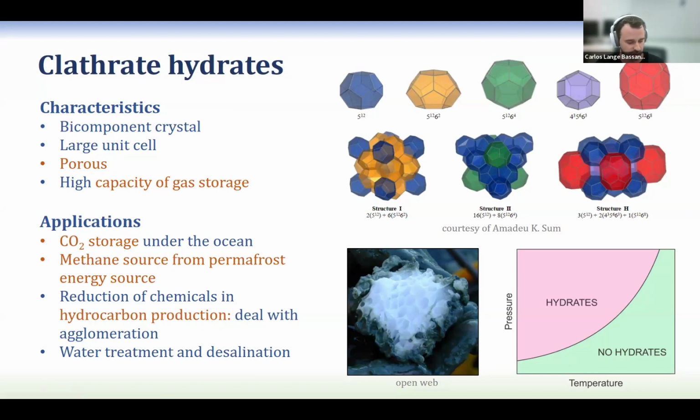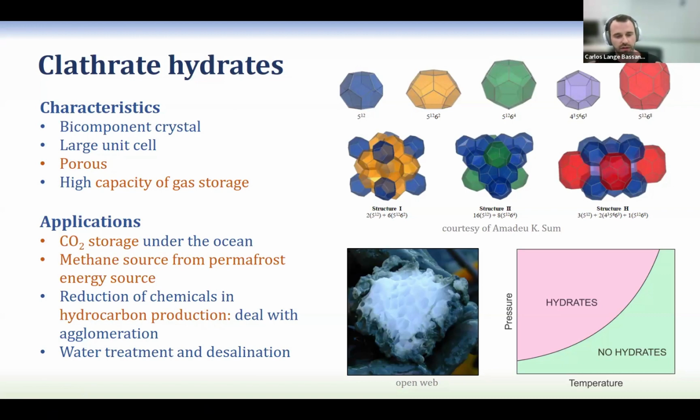And in the oil industry, these clathrate hydrates also form inside production pipelines. Currently we deal with this by simply injecting a lot of chemicals to never form these clathrate hydrates.